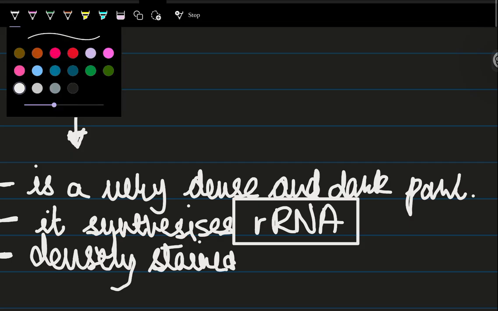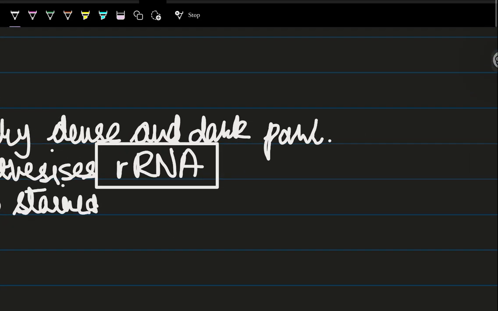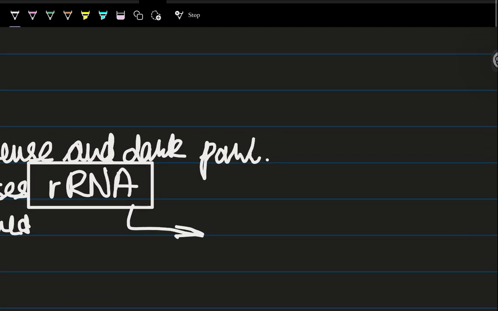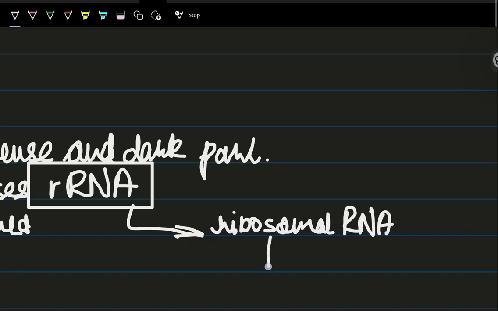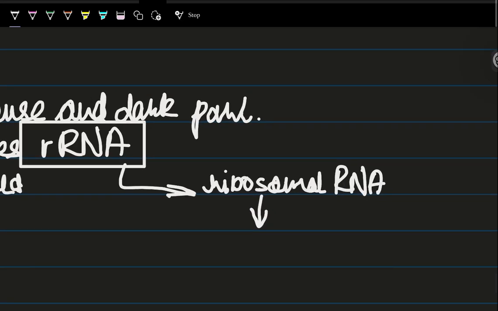So you know what RNA is. I'm not going to write the full form of RNA, it's ribonucleic acid. So rRNA is basically ribosomal ribonucleic acid. This makes ribosomes during the processes of translation, transcription, and duplication, all of that.